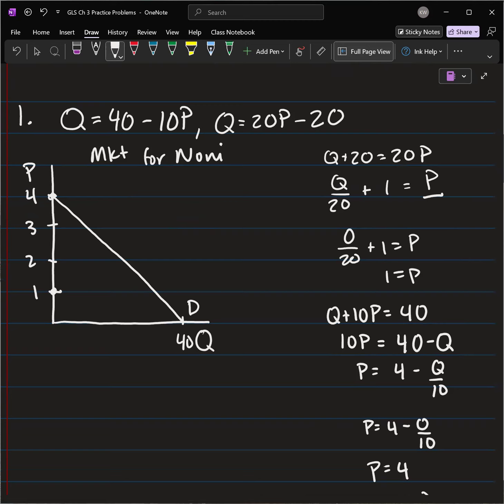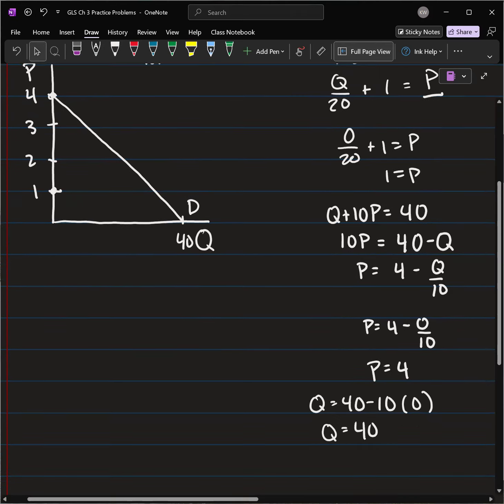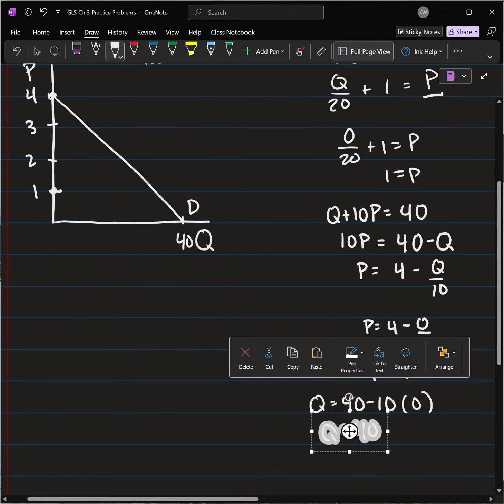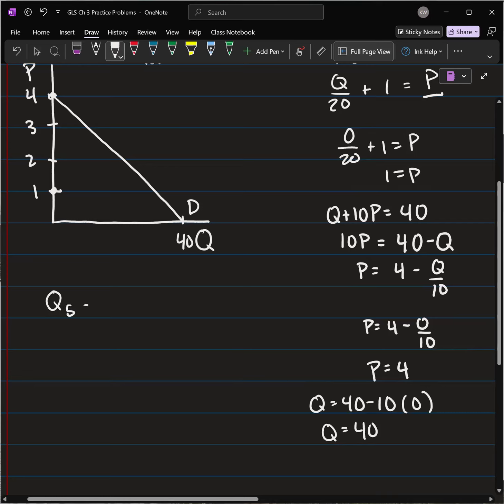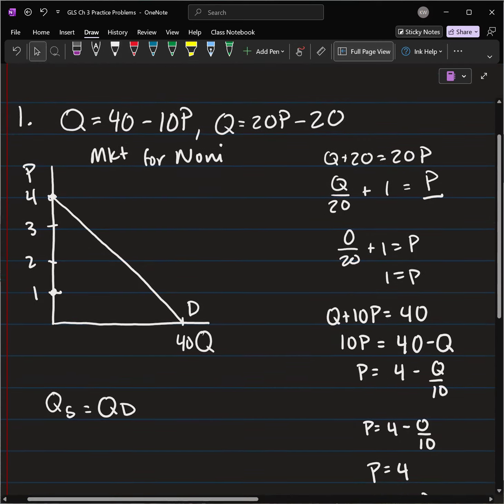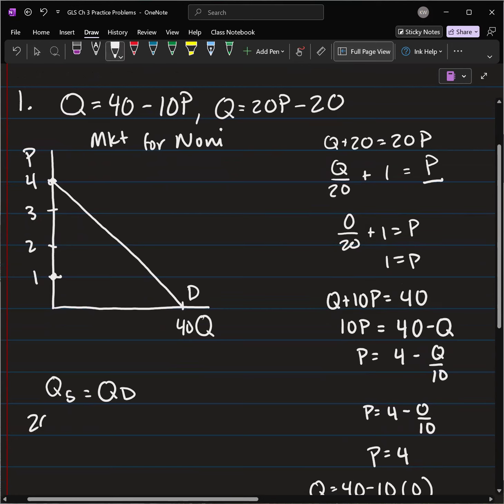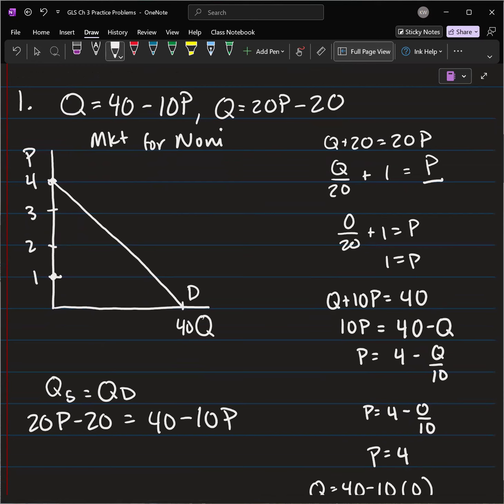So let's go to solving for that equilibrium quantity next. We will have quantity supplied equal to quantity demanded in equilibrium. Quantity supplied is equal to 20 times the price minus 20, and quantity demanded is equal to 40 minus 10 times the price.